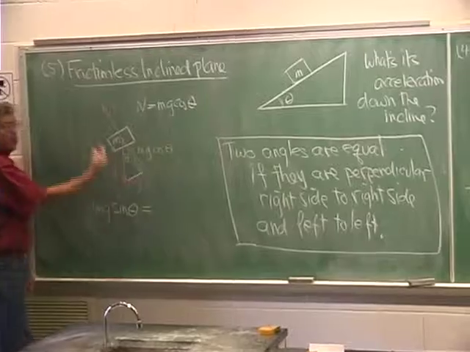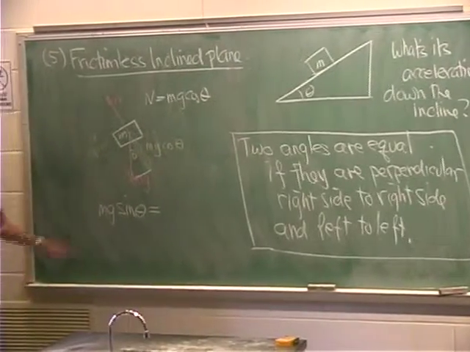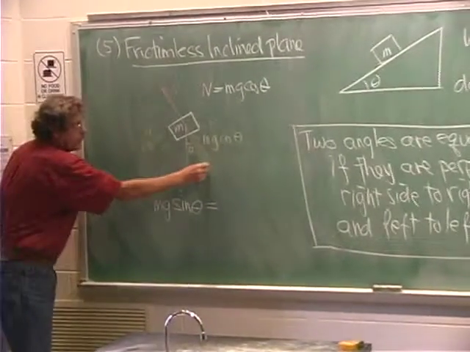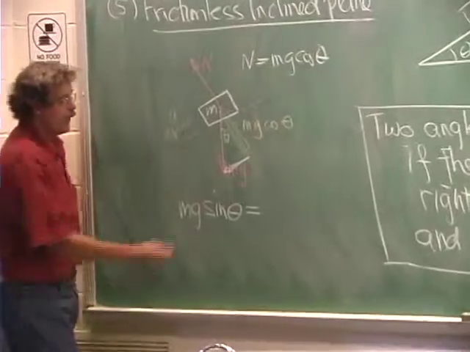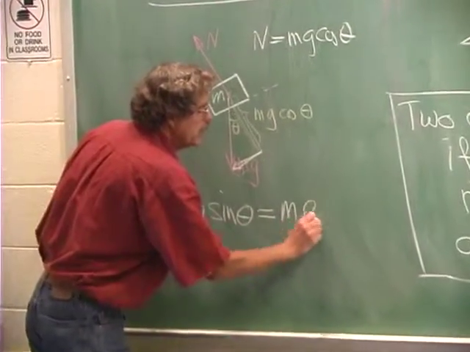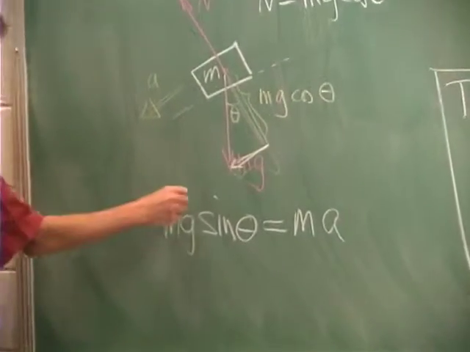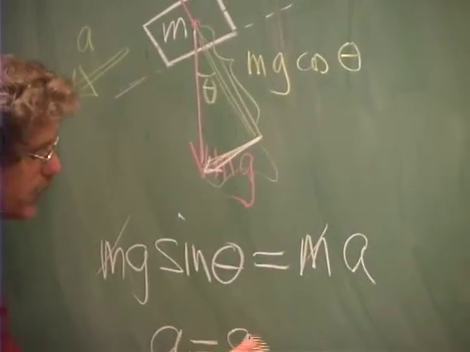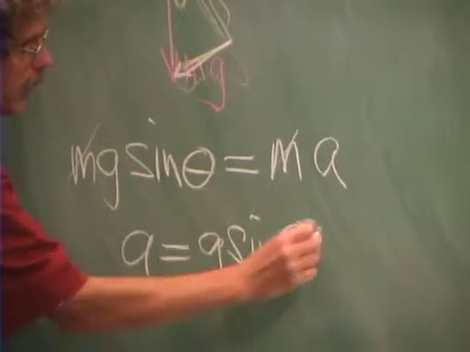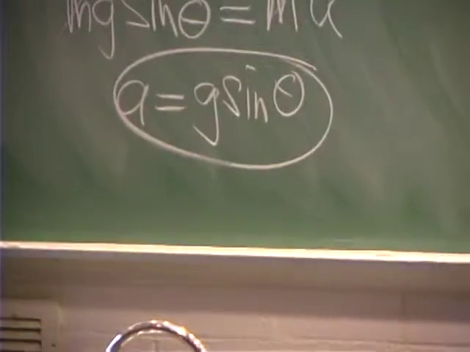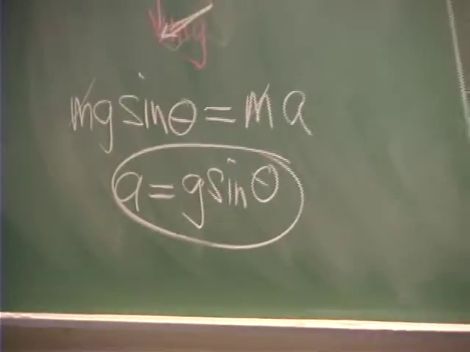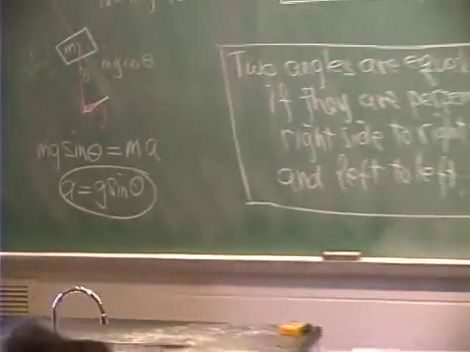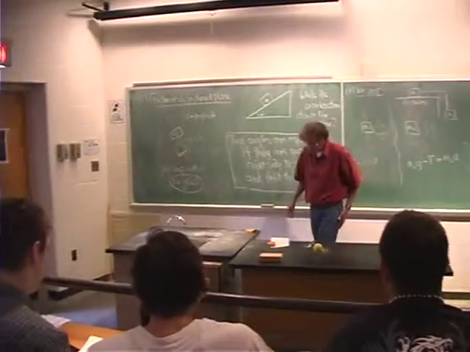Because there's no motion perpendicular, so the net force there must be 0. Down the plane, I've got mg sine theta. That must be the mass of this thing times its acceleration. The m's actually cancel, and I conclude a is equal to g times the sine of theta. That's the acceleration of an object that slides down a frictionless plane.